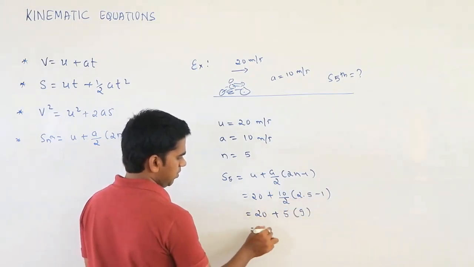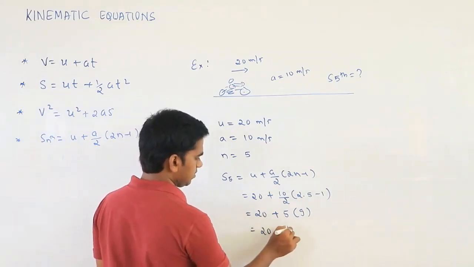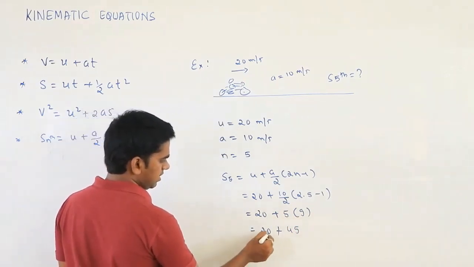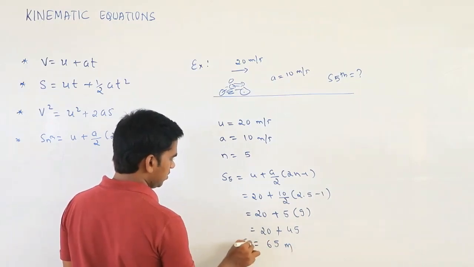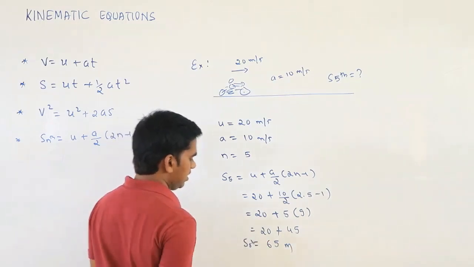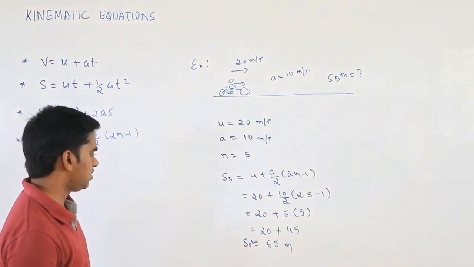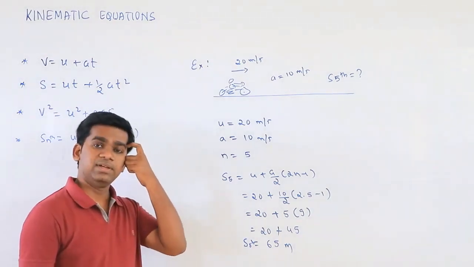So 20 plus this will become 45. Now 45 and 20 total will become 65 meters. So this is the distance travelled in the fifth second. So S5 equals to 65 meters.